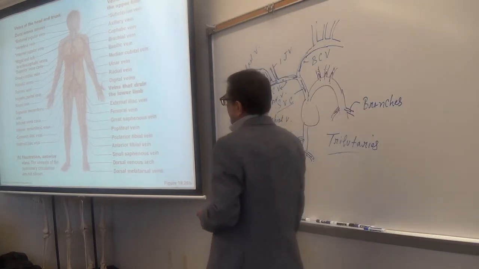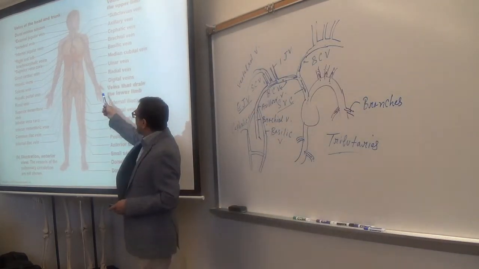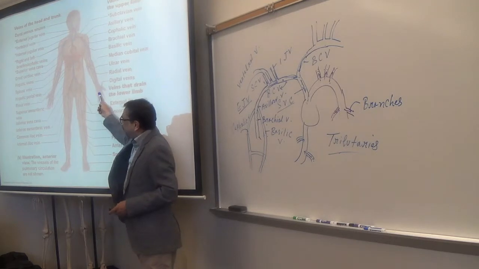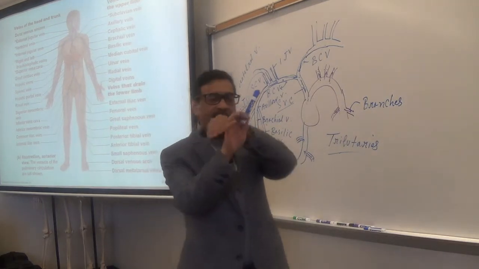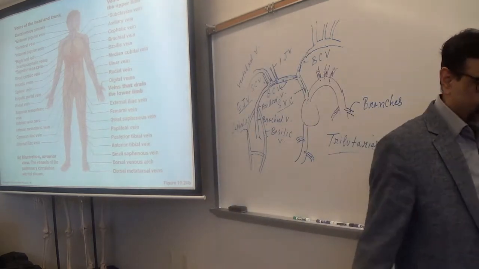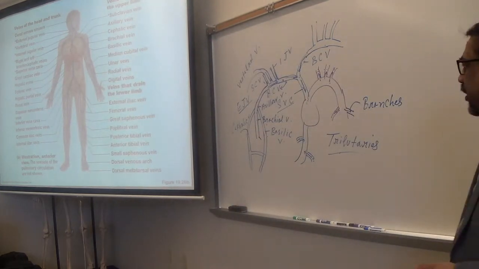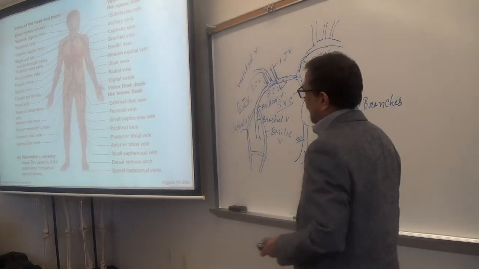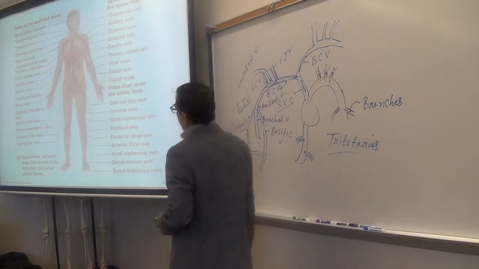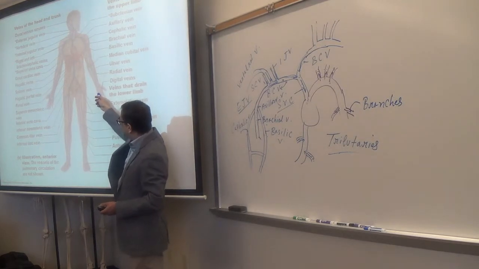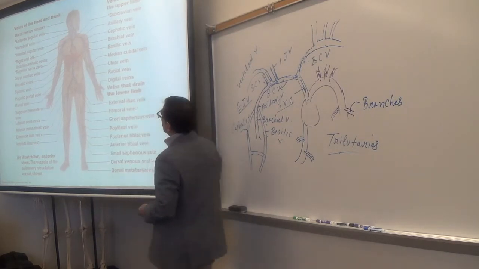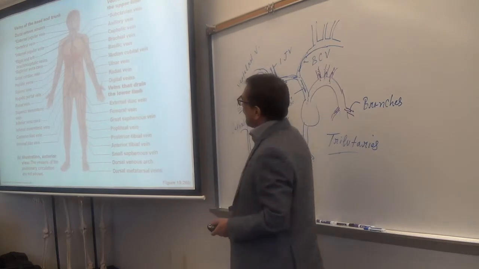Then in the palm, they form arch-like veins. Those are palmar arches. We'll see those. Just know that from the arches, digital veins arise. So that is the upper limb.